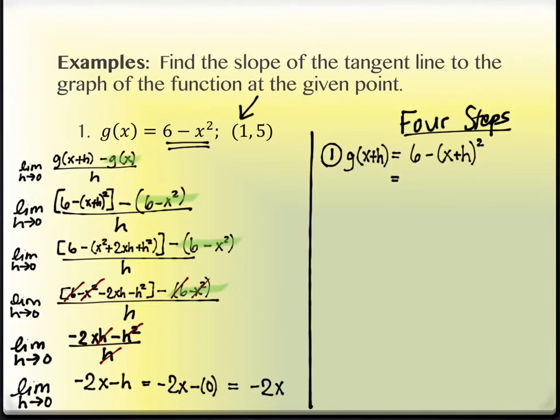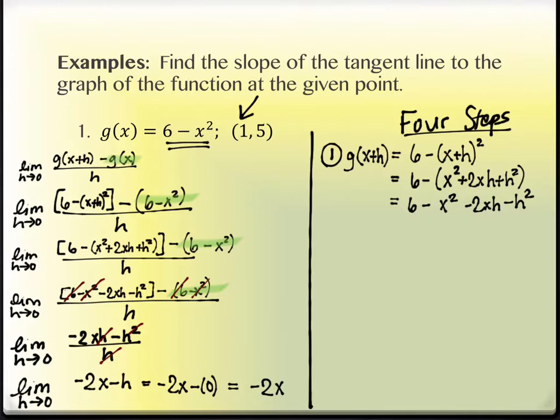All right, so I have my 6 minus, we already went through that, this is not x squared plus h squared, it's x squared plus 2xh plus h squared. And when I distribute my negative, I have 6 minus x squared minus 2xh minus h squared. That's step 1, just cleaning up the x plus h that's being squared and so forth in the process.